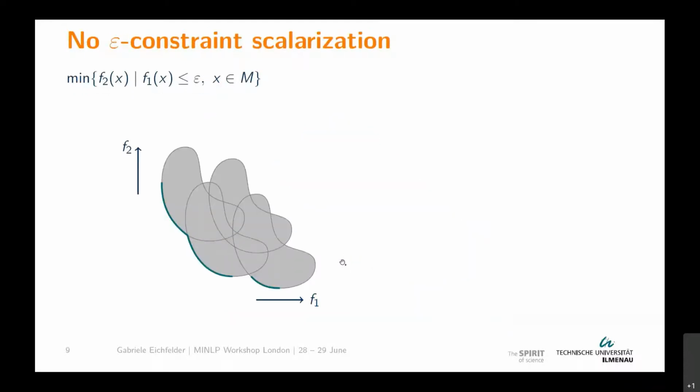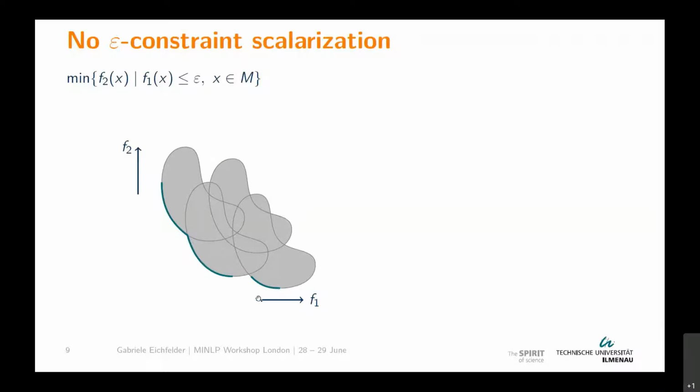So another well-known scalarization is epsilon constraint scalarization. There you minimize one of the objective functions and put the other into the constraints, like it's done here with an upper bound epsilon. And here we have an illustration of a mixed integer problem where it looks like we have 4 integer assignments, and the green curve here is now the non-dominated set which we want to find.